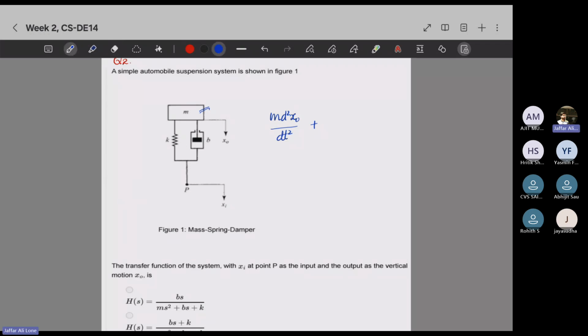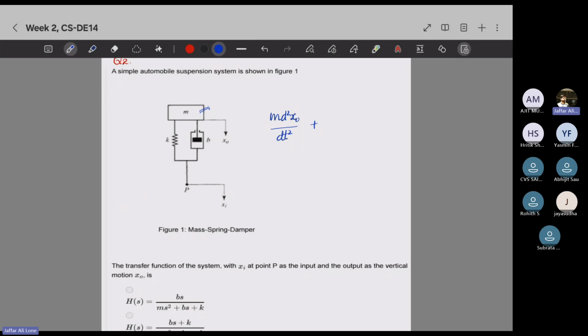You have the force due to this mass, that's m d2 x naught over dt squared, plus now you have a damper, so you will have B times d by dt of x naught minus x i, because this damper is connected to both, so it has both effects, x1 and x naught.